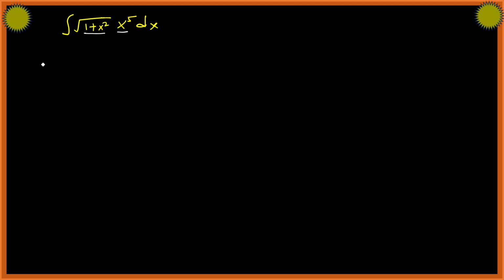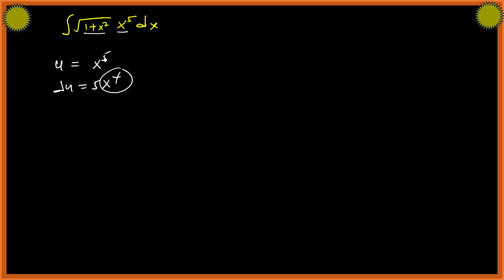If I take u as x to the power 5 and take the derivative, my du will be 5x to the power 4, which will be complicated here.